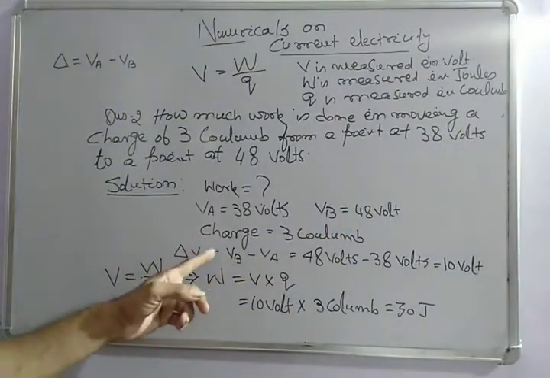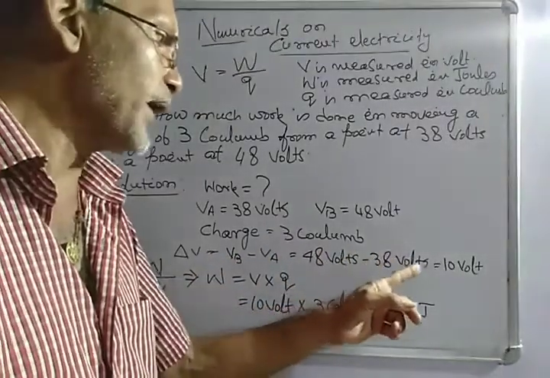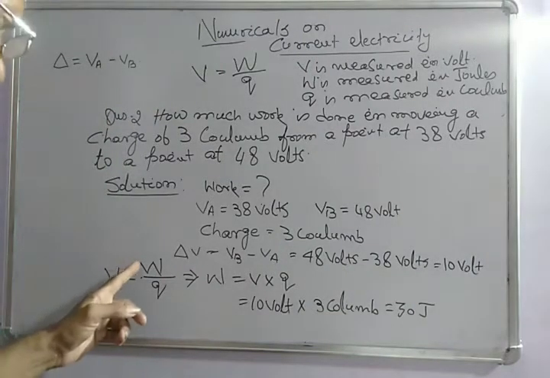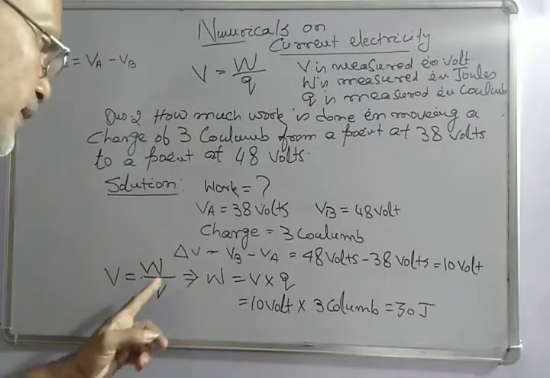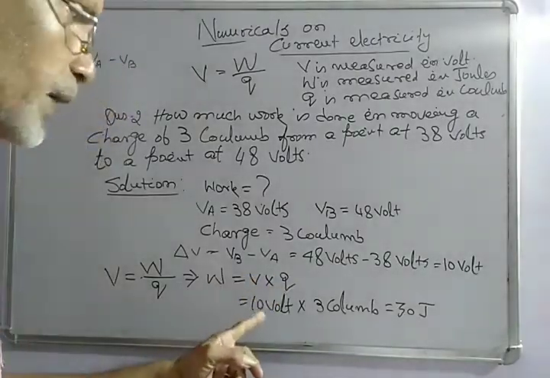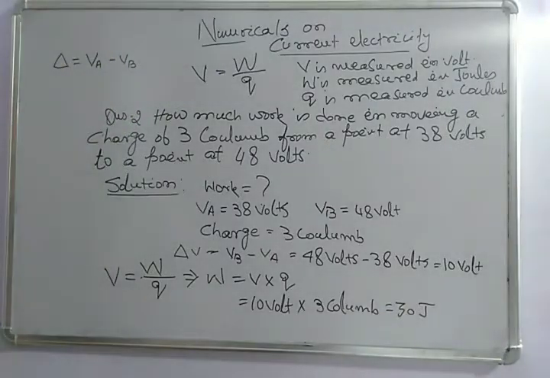So delta V is equal to VB minus VA, that is 48 volts minus 38 volts, that is equal to 10 volt. V is equal to W by Q, so W is equal to V into Q, that is 10 volt into 3 coulomb, that is equal to 30 joules. So this is the answer for this one.